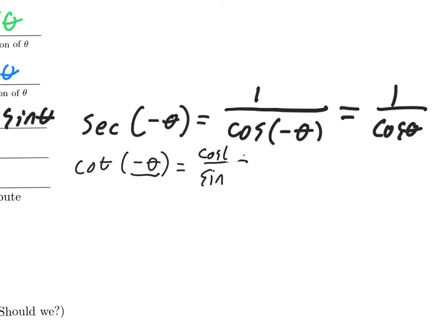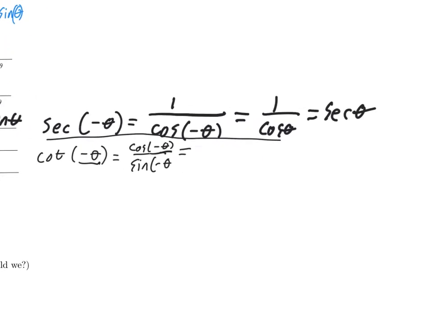But the thing inside of the parentheses is negative theta, so it should be cosine of negative theta divided by sine of negative theta. Well, I know what cosine of negative theta is, right? Cosine of negative theta is the same thing as cosine of theta. Sine of negative theta is negative sine theta.